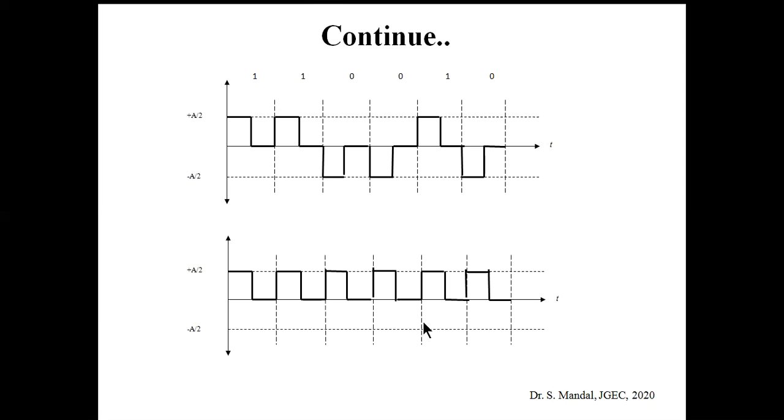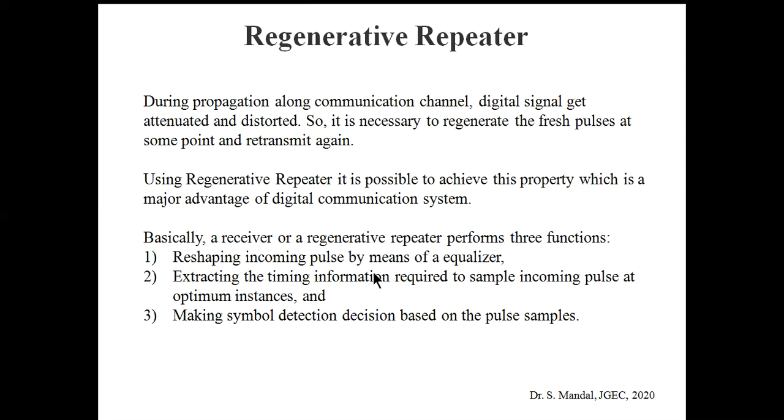So timing information is very crucial to us. Very few line coding techniques have this property. Polar RZ is an example of such a technique.